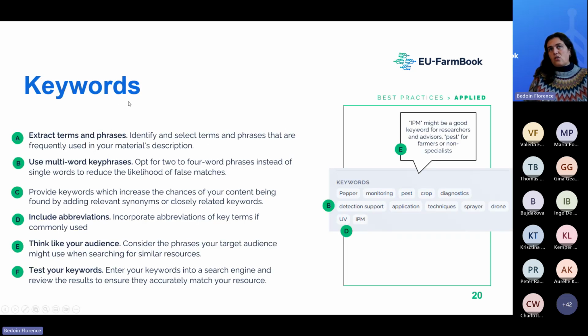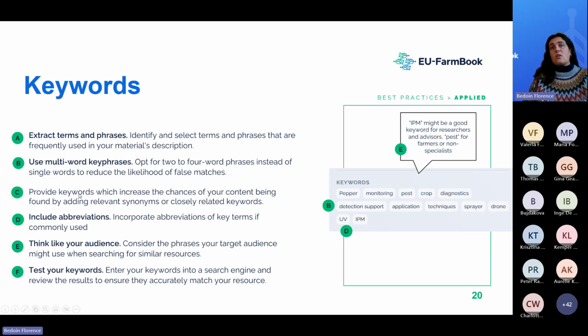When you choose your keywords, you can extract terms and phrases from your description. It's possible to use multi-word key phrases. For example, here, detection support, as we had also biosecurity in poultry before.